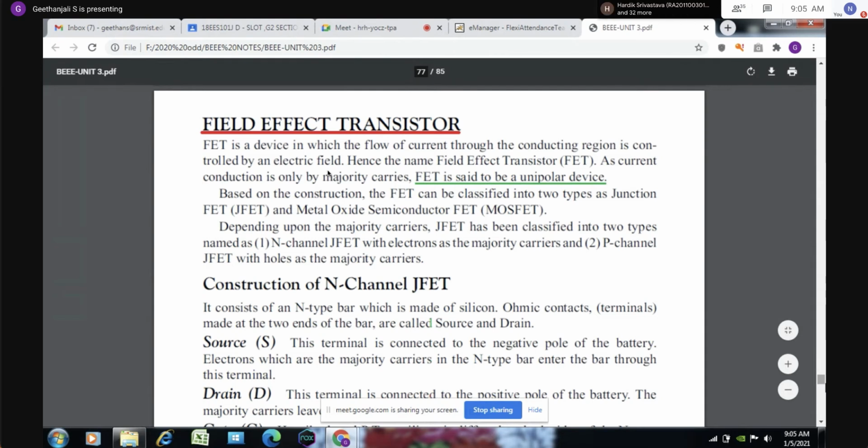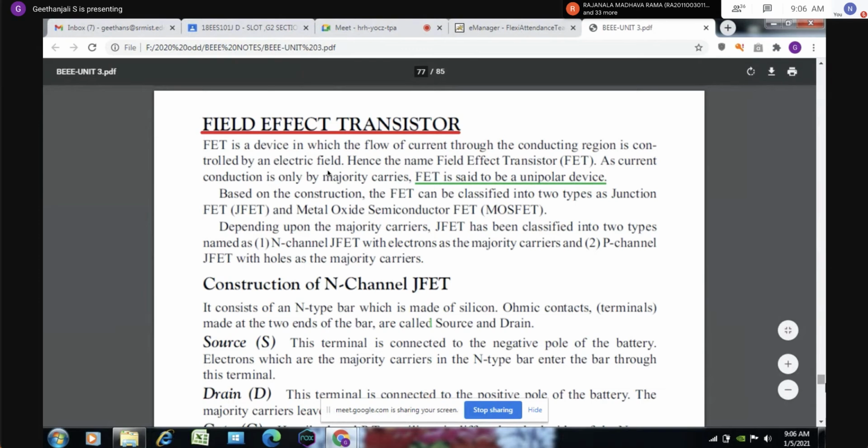The field effect transistor is a device in which the flow of current through the conducting region is controlled by an electric field. We have seen the electric field in the transistor, BJT and PN junction diode. Likewise in the FET, the flow of current through the conducting region is controlled by the electric field. Hence the name field effect transistor, FET.